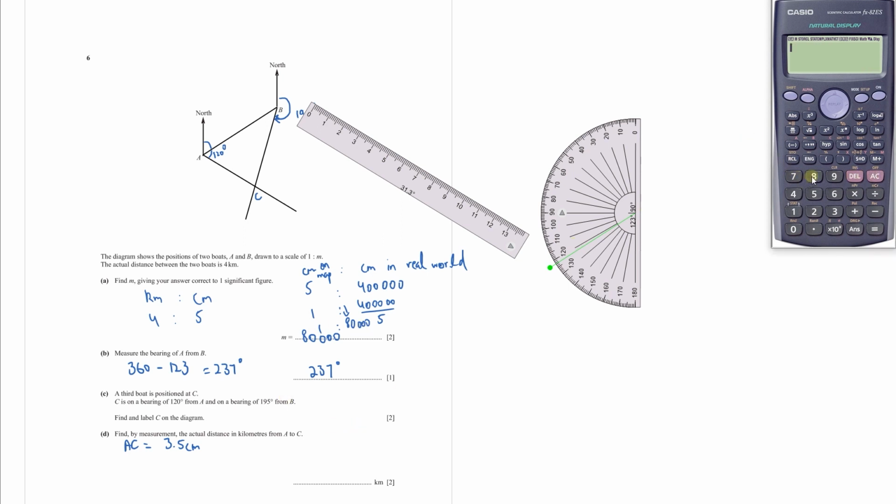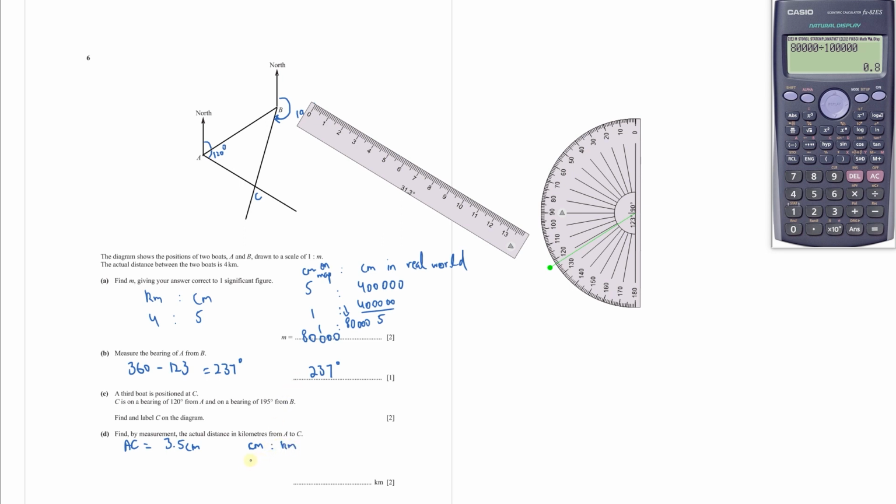So let me first convert it into kilometers. So 80,000 centimeters divided by 1000 and then 100. So this will convert into kilometers. So let's use the decimal value. So AC is 3.5 centimeters.